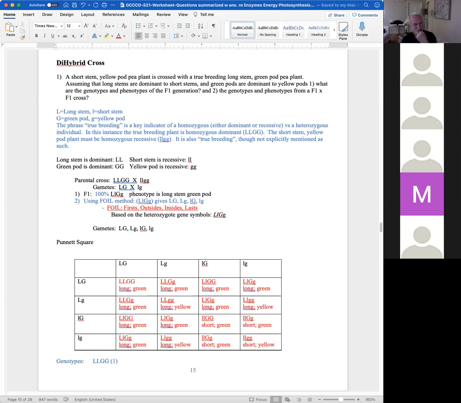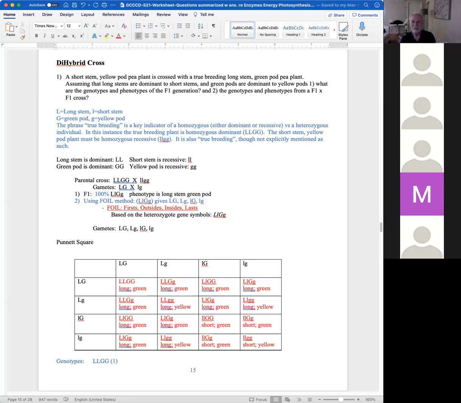Now we have to look at the other parent. The other parent is long-stemmed with a green pea pod. Now they tell us that it's true breeding. That's important because in complete dominance, a long stem could be homozygous dominant, but it could also be a heterozygote, because just having one of the dominant alleles for stem length is enough to show the dominant phenotype.